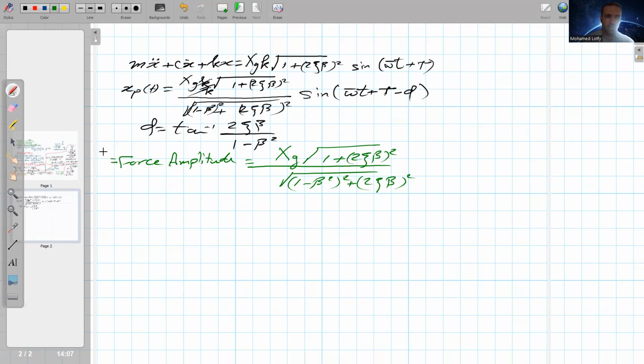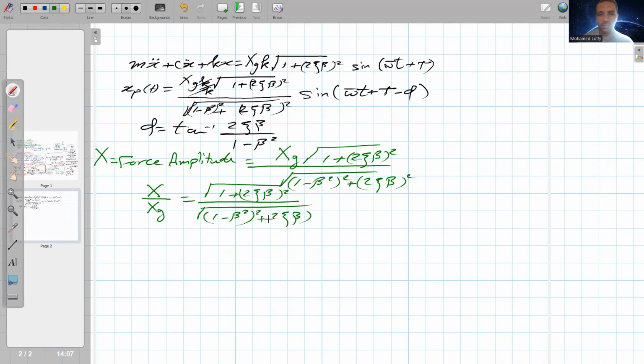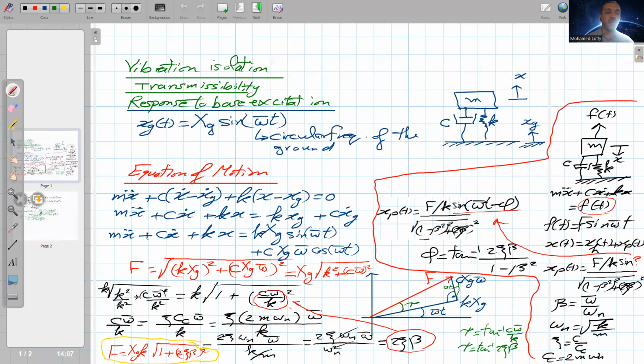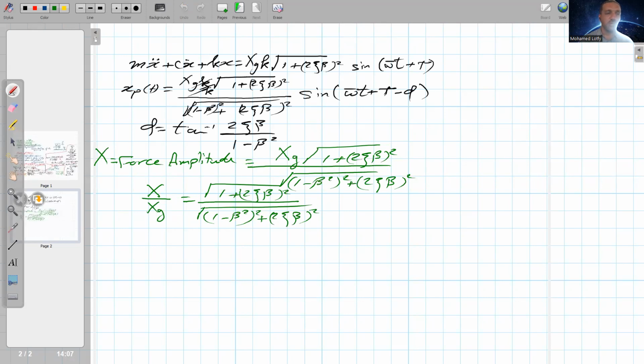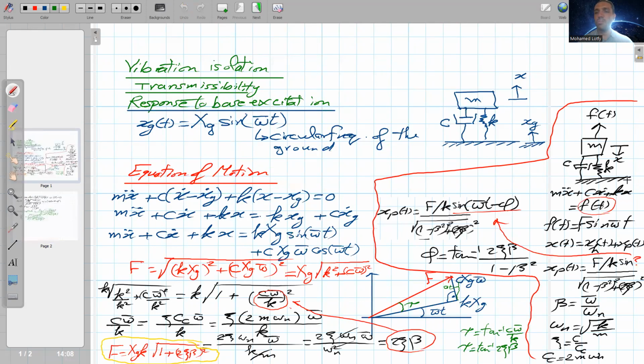So x capital over xg equals root of 1 plus 2 zeta beta all square divided by root of 1 minus beta square all square plus 2 zeta beta all square. What is this ratio? It is the ratio between the amplitude of x, which is the motion of the mass, and the amplitude of the ground, which is the maximum amplitude of the motion of the ground.